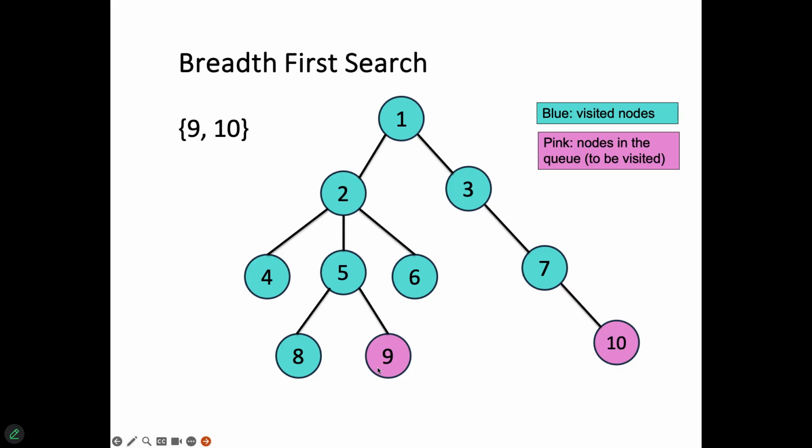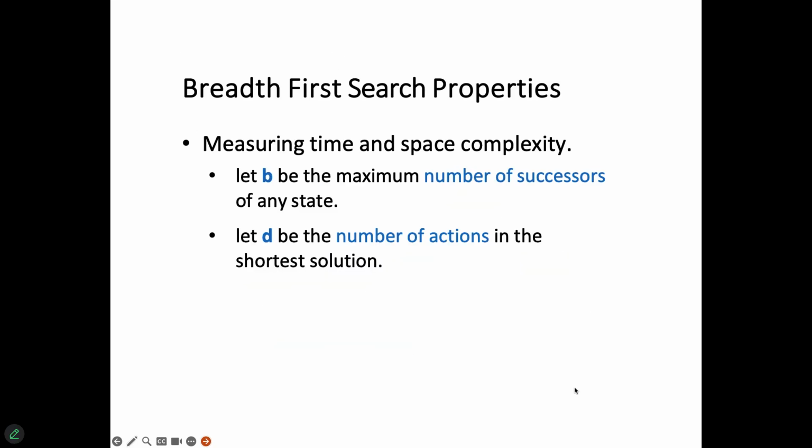And just please note that at these points, 8, 9, 6, 4, they didn't have any more children, okay? So these are the dead ends. Now we visit 9, and then we finally visit 10, okay? And now the queue is completely empty. Now, this was just an overview of the breadth-first search.